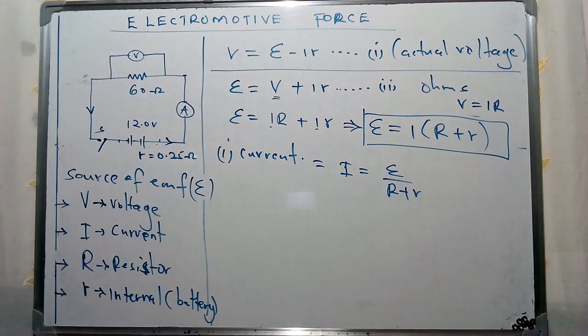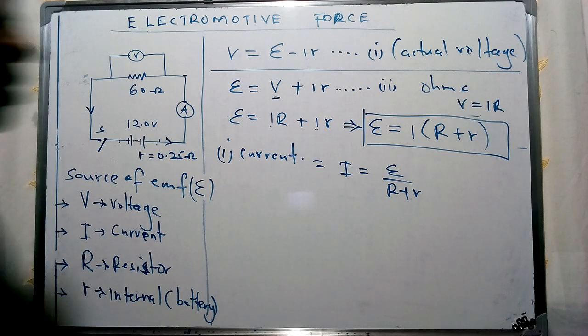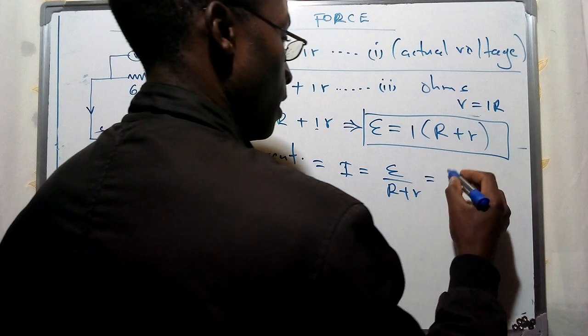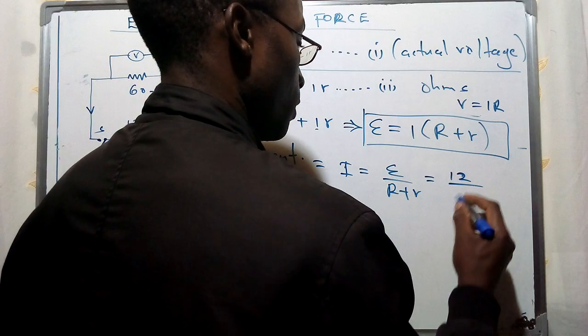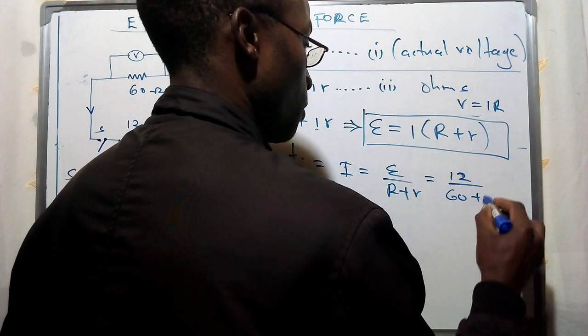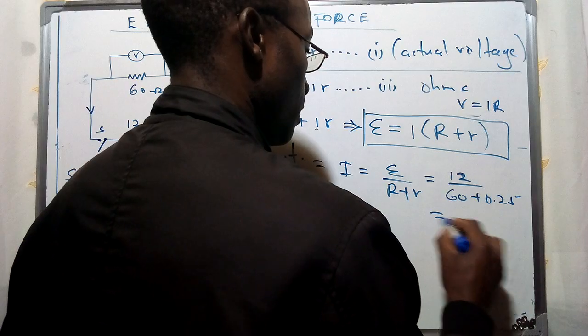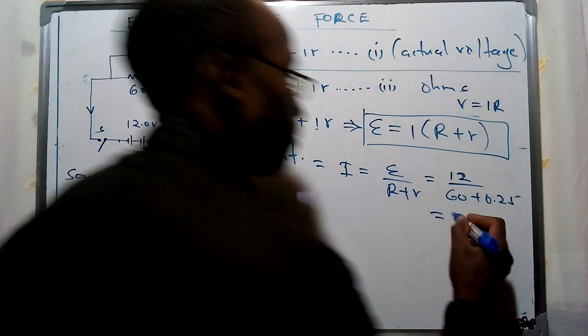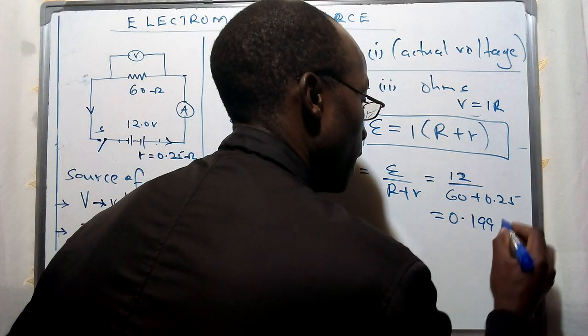So this is going to be 12 volts divided by 60 ohms plus 0.25, which gives us a value in amperes. So I'm finding 0.199 amperes.